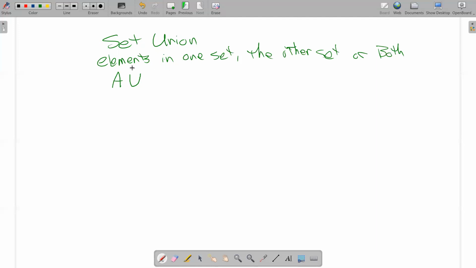So this is called the cup symbol. And again, we might say A union B. Sometimes we'll see A or B. And this or right here is a little different than the way we use or in our regular language. In regular language, it's what's called an exclusive or. In mathematics, this is what's called an inclusive or.